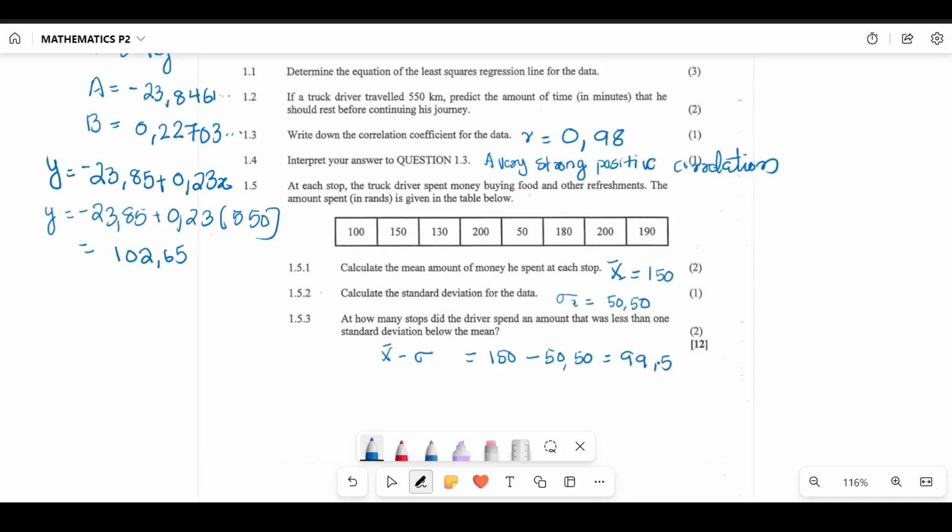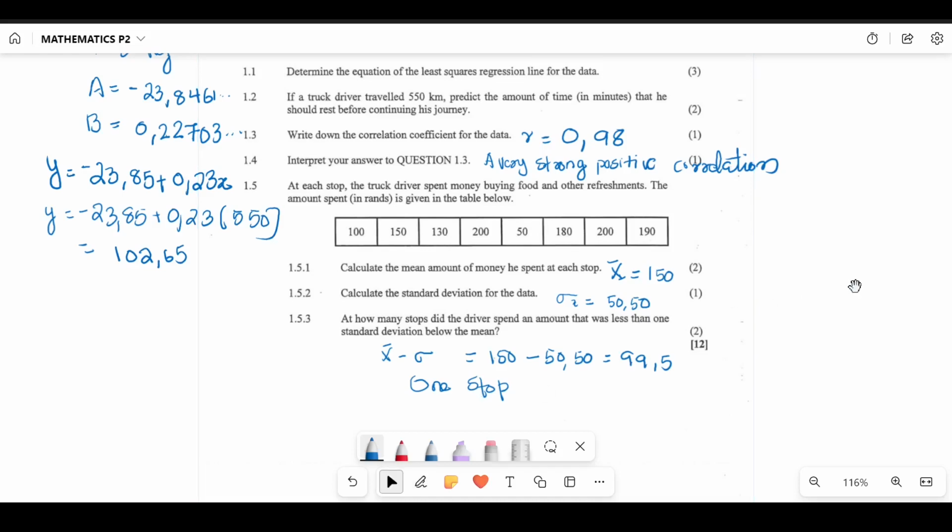How many values are below 99,5? Only one value. So your answer is 1. How many stops? It's only one stop that is below one standard deviation of the mean. Okay, that is 1.5.3, total 12 marks.